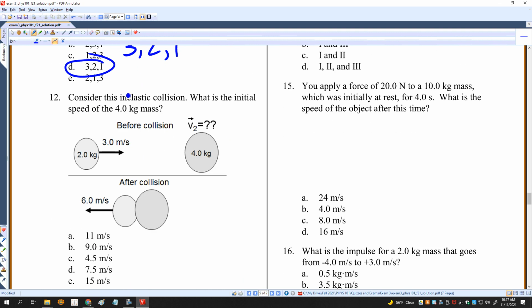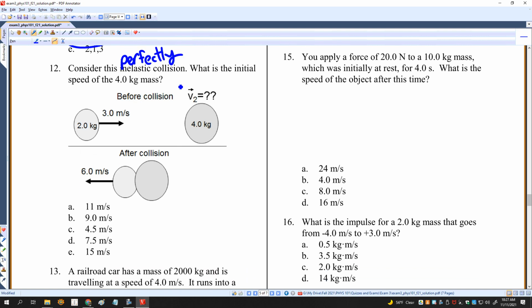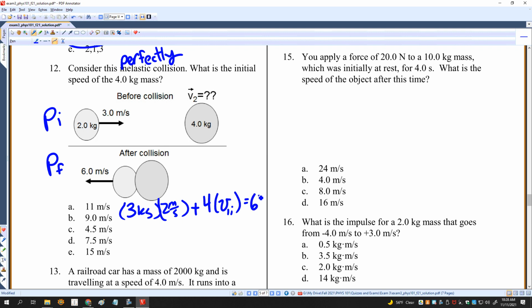Consider this inelastic. Actually, this is a perfectly inelastic collision. What is the initial speed of the 4 kilogram mass? So I know that this momentum will equal this momentum. That's going to be 3 kilograms times 2 meters per second plus 4 times v1 initial is equal to 4 plus 2, or 6 kilograms times negative 6 meters per second.